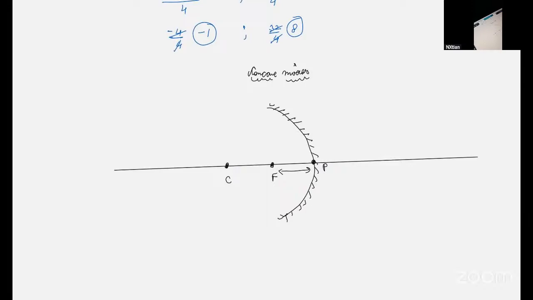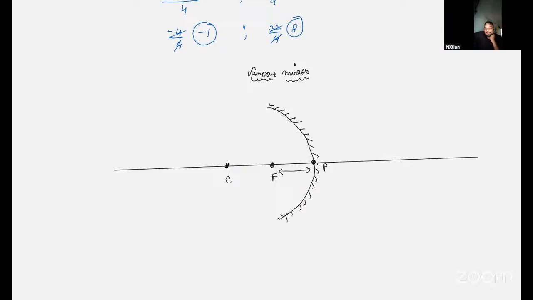Got it, everyone? For the question, 6 centimeter you should be in. Yeah. And then? You have to make an arc, not a circle.